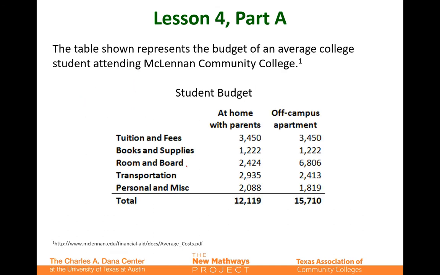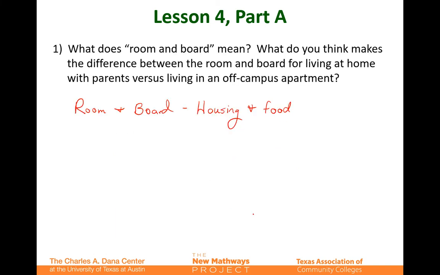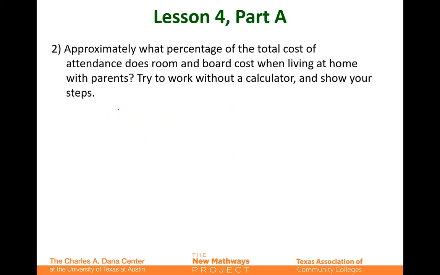Well, if you live with your parents, room and board is $2,424 out of $12,119.